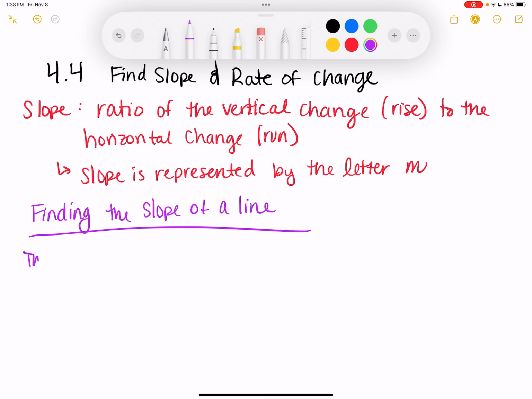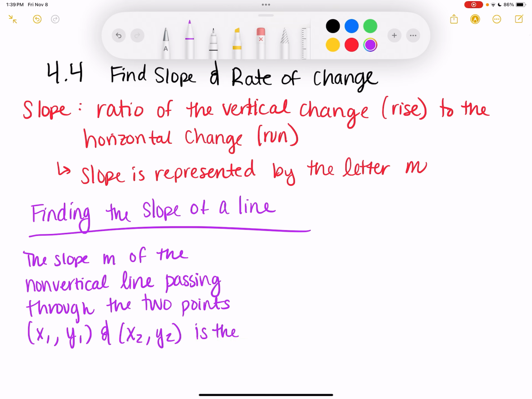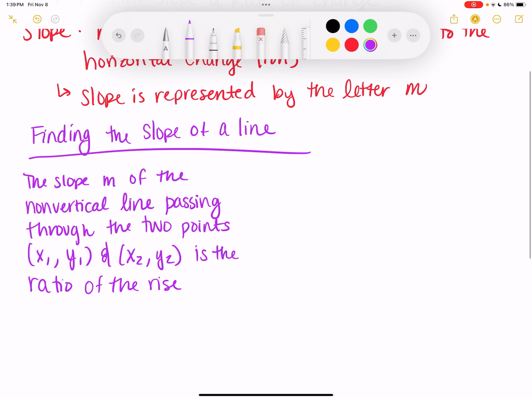In words, we say the slope M of the non-vertical line passing through the 2 points x1, y1 and x2, y2 is the ratio of the rise to the run.